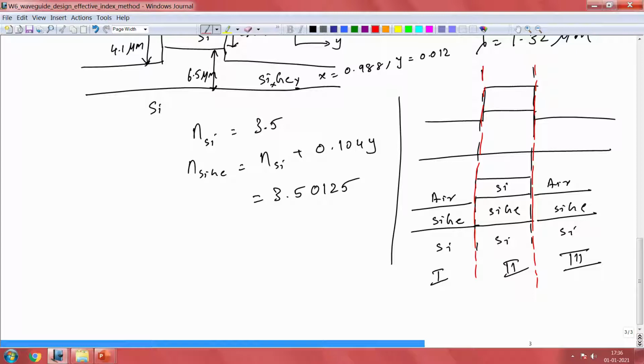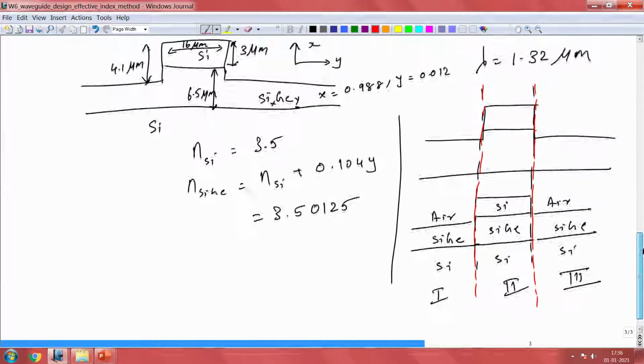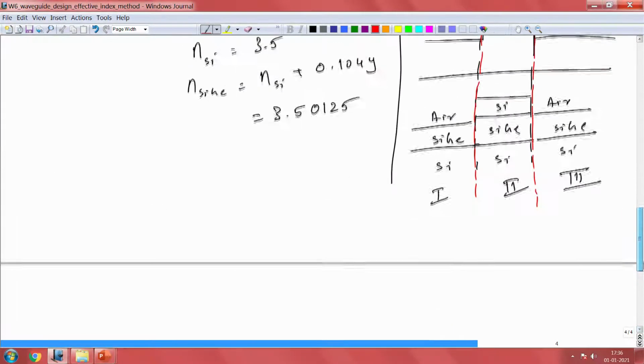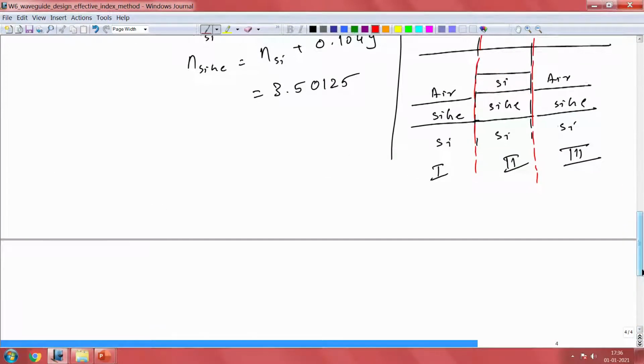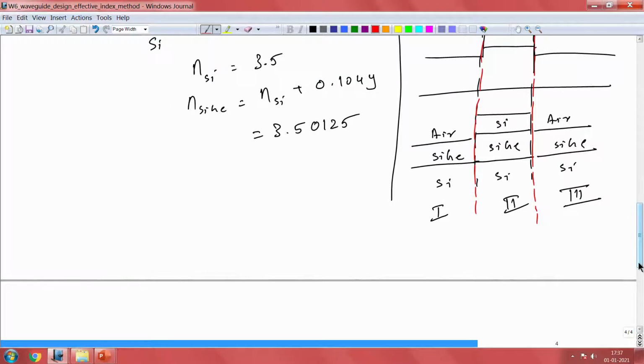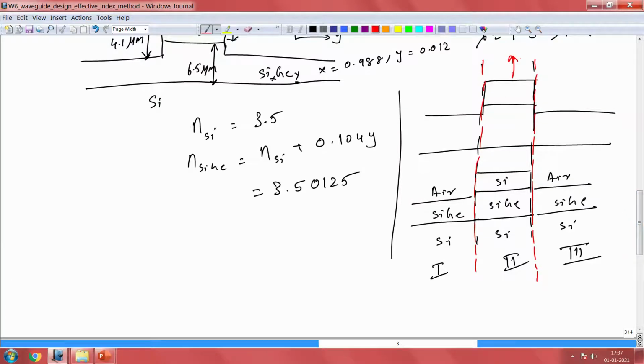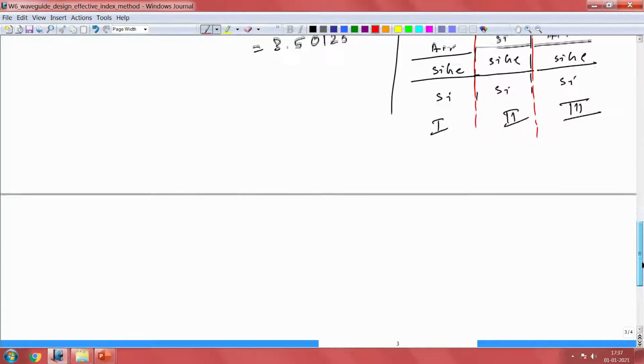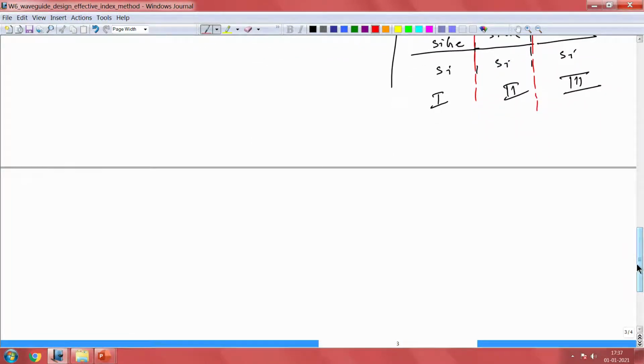So, let us look at the first, the various sections here, okay. So, the height is also important, right, 6.5 and so on. We will use that as and when required, but we need to look at what the characteristic electric field is here. So, this is going to be vertical, right, in this case it is going to be a vertical electric field. So, that means in the central section it will be TM mode, right. So, TM mode is what you will look at.